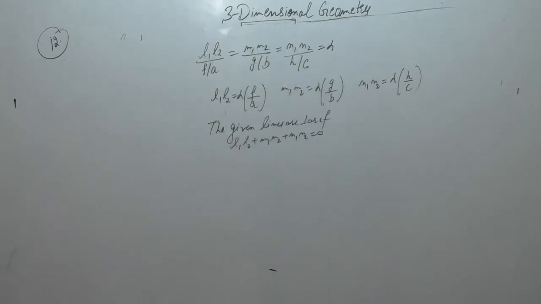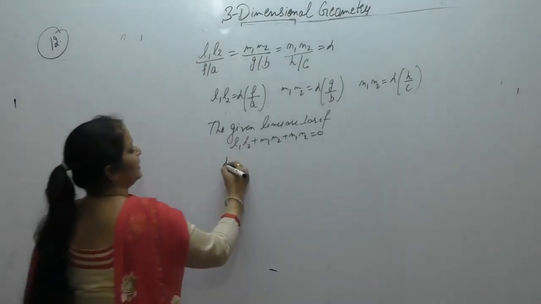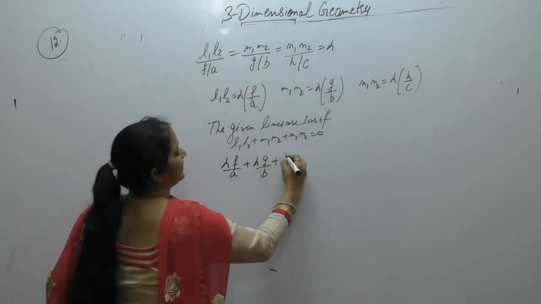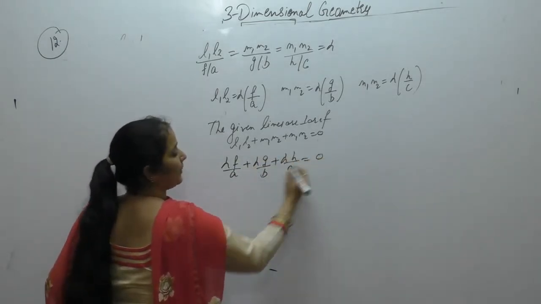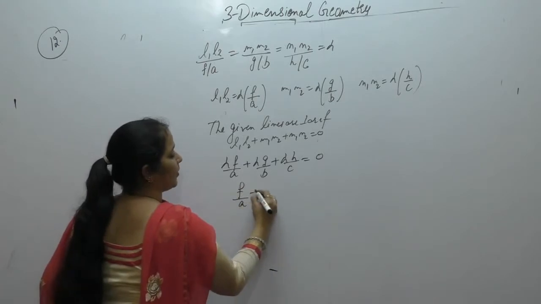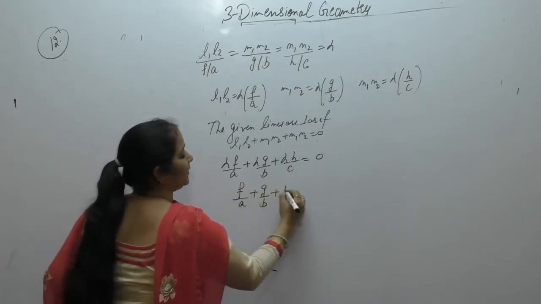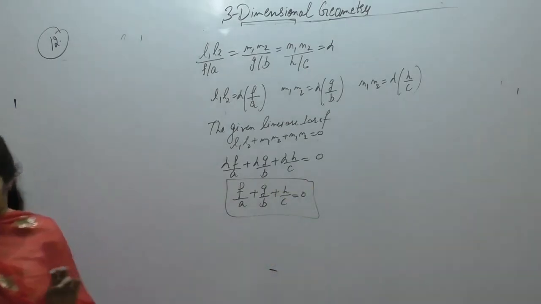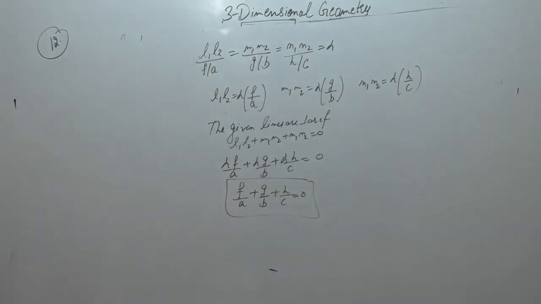This is the condition. So lambda f upon a plus lambda g upon b plus lambda h upon c is 0. By taking lambda common, f upon a plus g upon b plus h upon c is 0. This is what we want to prove.